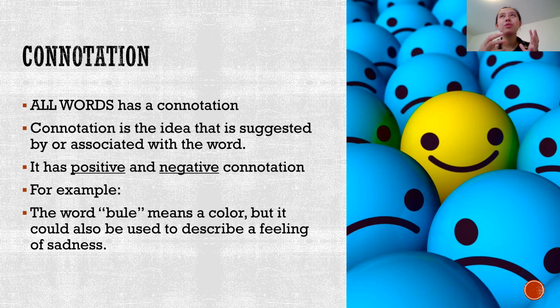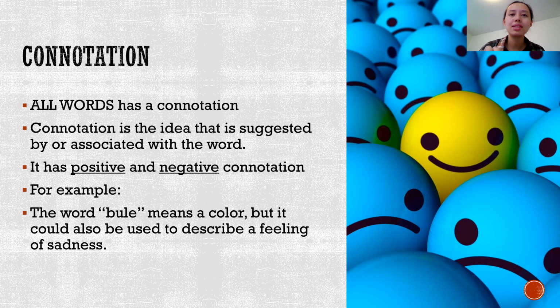So when you look at a word, the natural image or message that it conveys to you, that's what is meant by connotations. And connotations can be positive or negative. That tells the meaning or the feelings, how you feel when you look at some of the words.